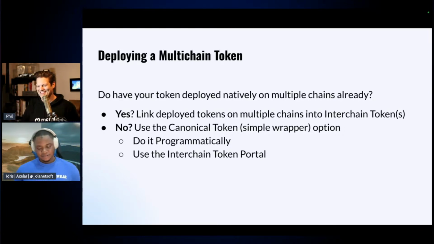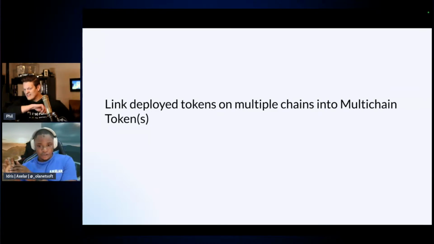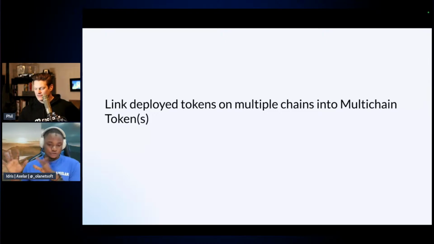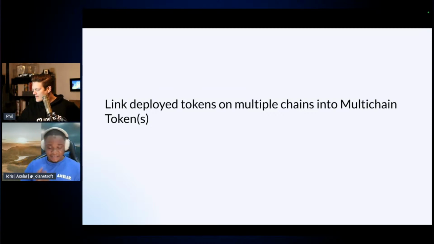Yes, exactly. That's correct. So now let's talk about linking. Let's quickly talk about linking tokens deployed on multiple chains into multi-chain tokens. I just want to show you what function you need to call to do that, because this is the first option under the category of upgrading existing ERC-20 tokens.